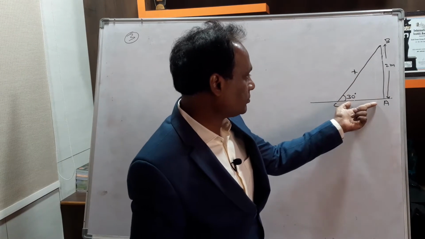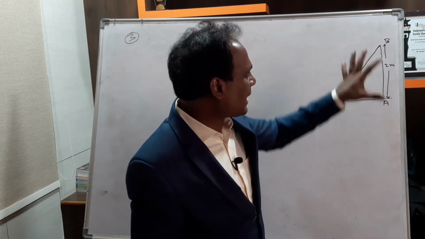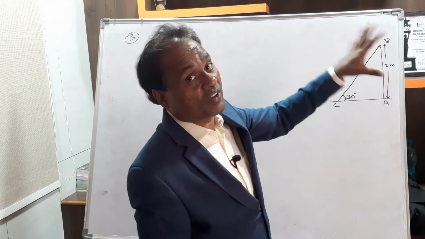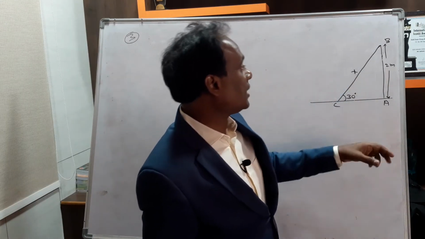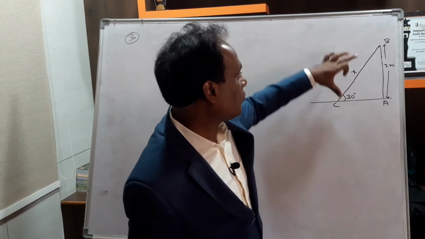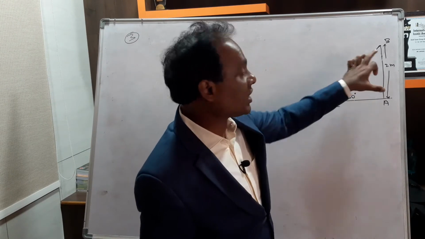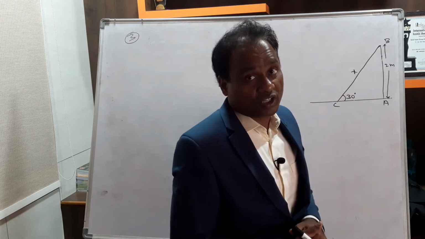This is the ground. This angle is 30 degrees. Very simple question. First, drawing the diagram as per the given question is very, very important. First, you have to understand this figure. Why did I write 2 here and 30 degrees here? What is BC, what is AC, what is AB? You have to understand that by reading the given question carefully.